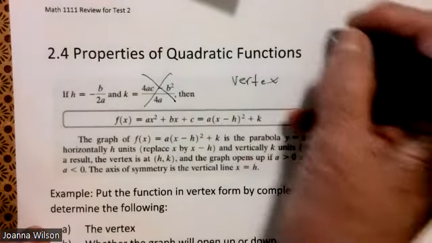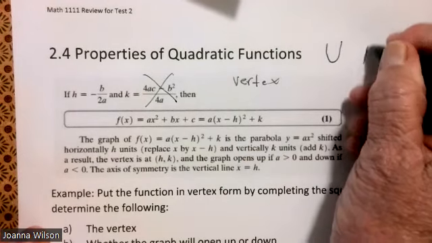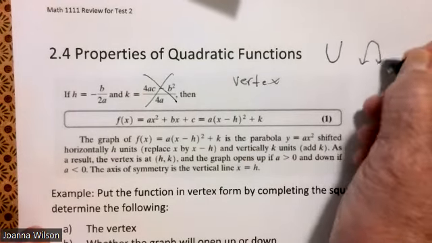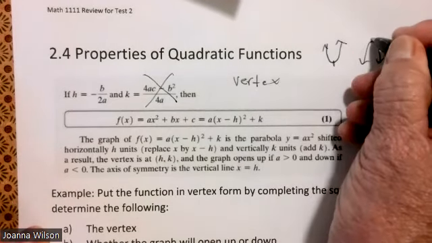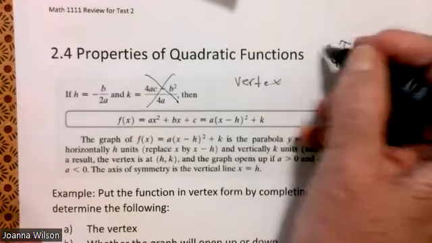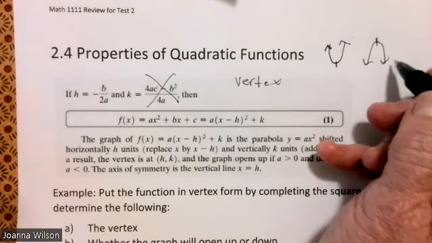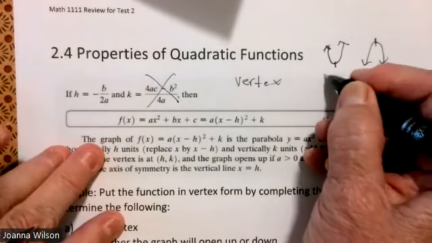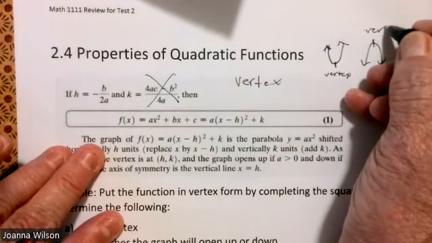The vertex is like if you've got a quadratic, it's either going to be shaped like that or like that. Basically, it's going to either be going up or going down. So the vertex is where it changes from either decreasing to increasing or increasing to decreasing. So this is the vertex, and this is the vertex of this one.